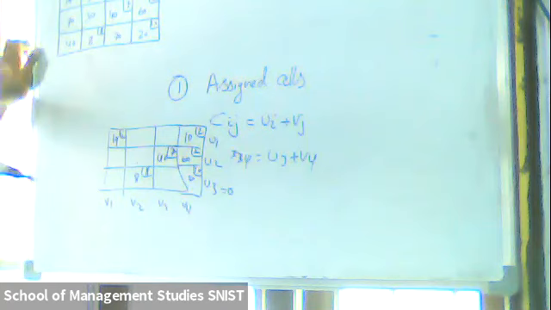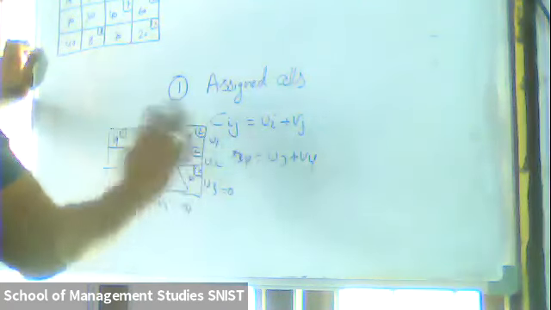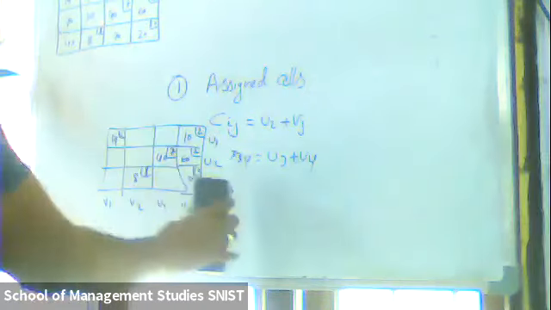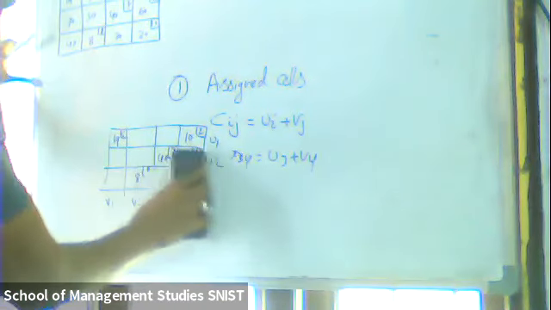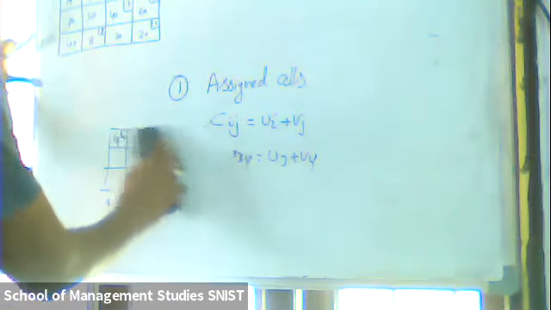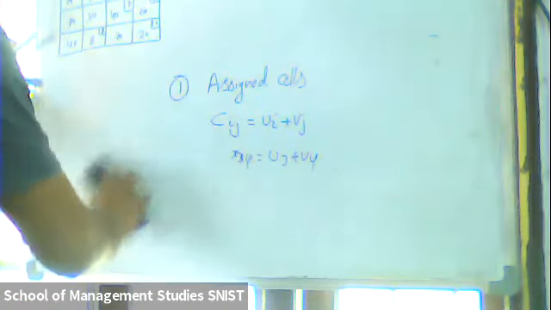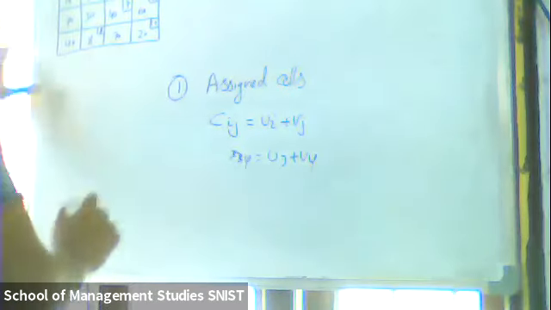I will explain step by step to make you understand. I just wrote this. Is it clear? Yes, sir. Okay. Now after doing the assigned cells, the next step is unassigned cells.